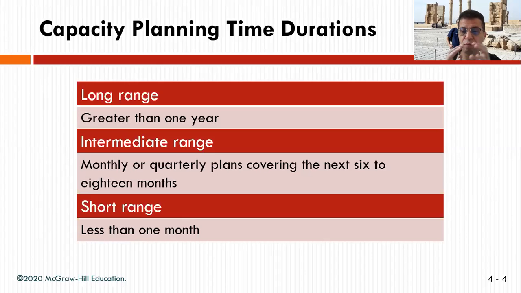So every month for 18 months or every quarter for 18 months. And then you have the short range, which is less than a month. If it's 18 months and you plan every month or every quarter, then it's an intermediate range. But if you have one plan for 1 month, it is a short range.